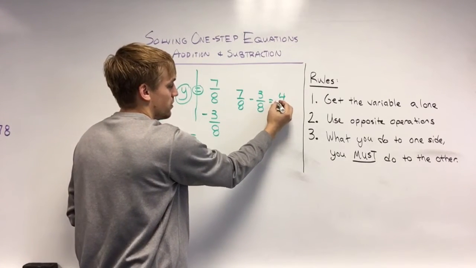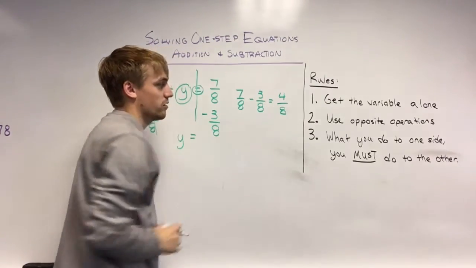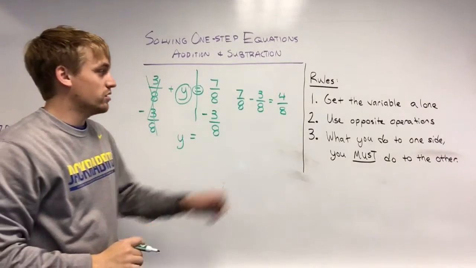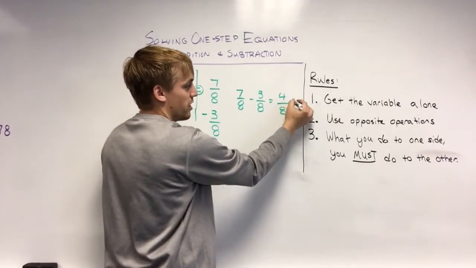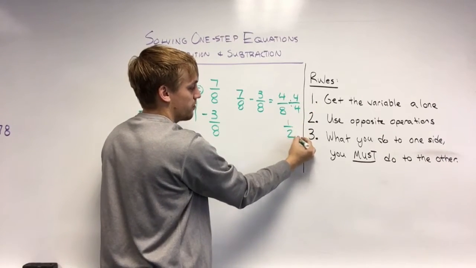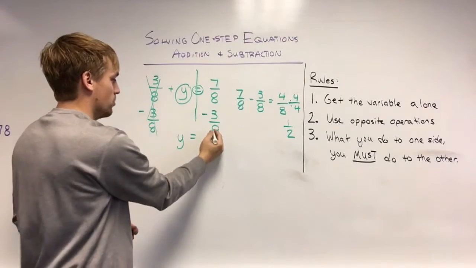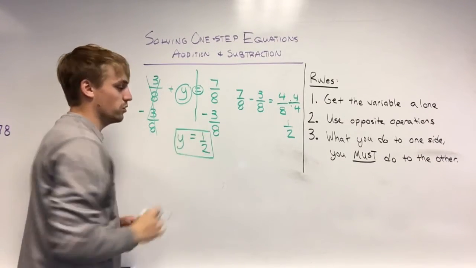The denominator stays the same when you're subtracting fractions. So we get 4 over 8, and if you reduce that, it reduces by 4, to 1/2. So y is equal to 1/2.